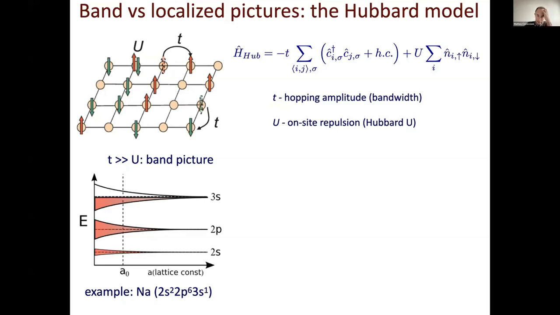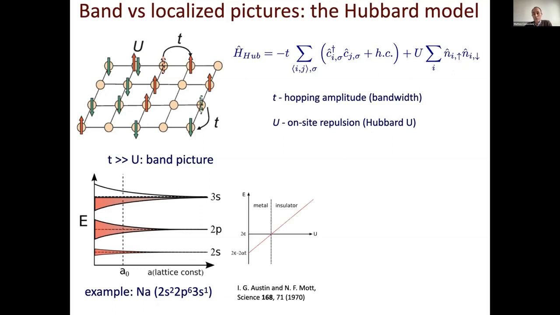But of course, this is not a metal, at least if U becomes bigger. So if the kinetic energy, or if you want the single particle energy, prevails over the Coulomb repulsion between electrons, then yes, we can say that the electronic system is delocalized. Okay, so the kinetic energy is the main character of this system.